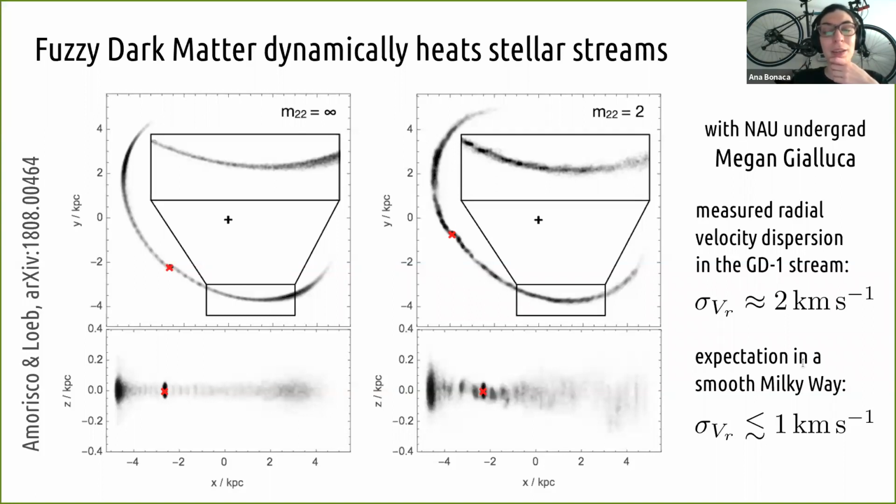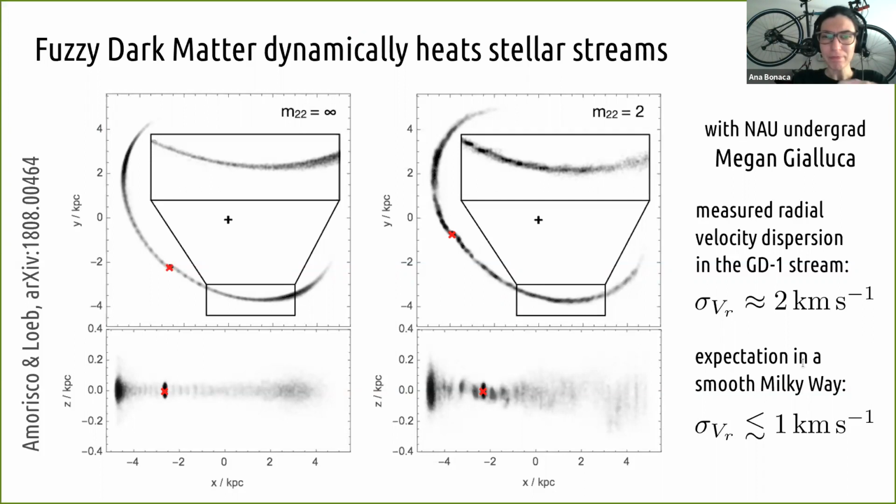For example, GD1 in particular is fairly resilient to molecular clouds because it crosses the disk very far away from the galaxy, where there are really not many molecular clouds left. And I think that the quantum fluctuations should be more prominent closer to the galactic center, whereas the dark matter subhalos should be tidally disrupted closer to the galactic center.